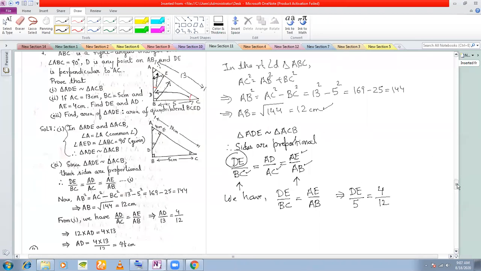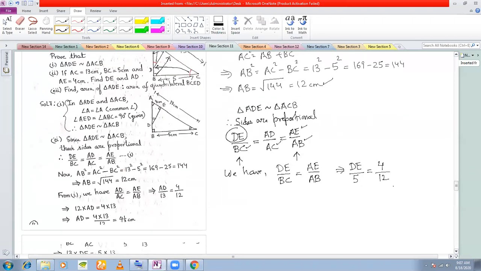So from this we can find out DE. That means 12 times DE is equal to 5 into 4. That means DE is 5 into 4 divided by 12.